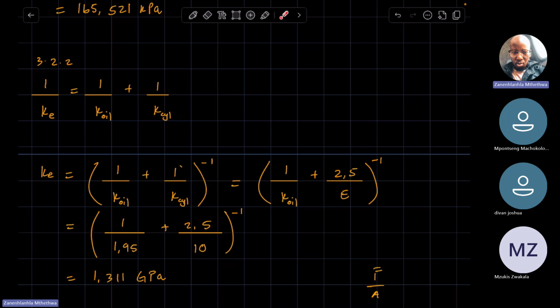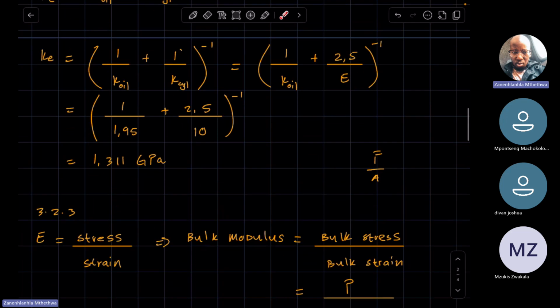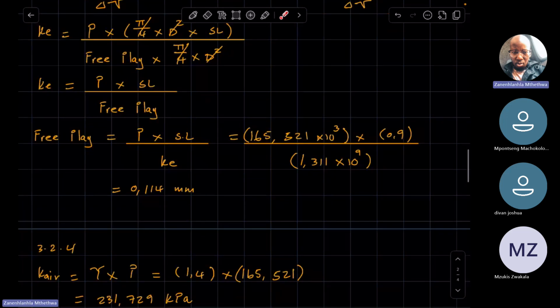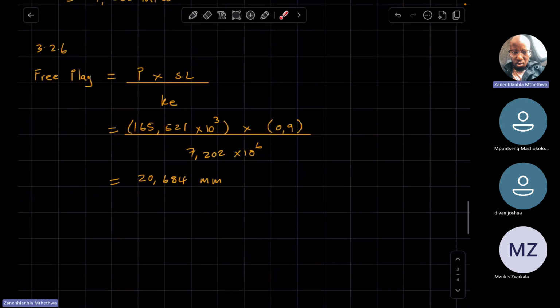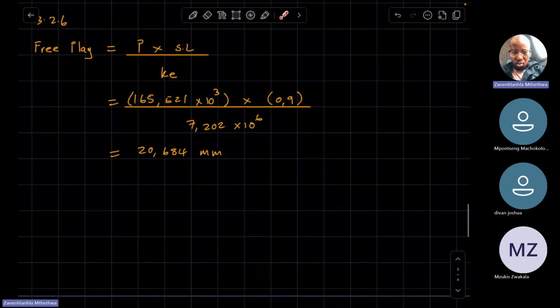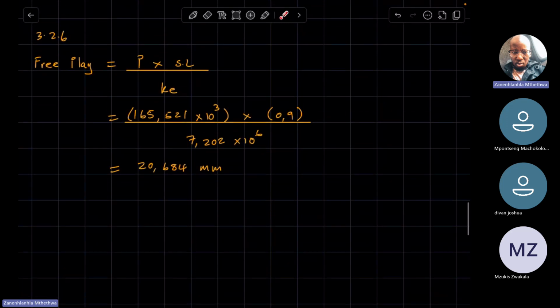So with Young's modulus, you look at the deformation from a linear perspective. With the bulk modulus, you essentially look at the same deformation but from a volumetric perspective. That's the major difference between the two. Any questions?